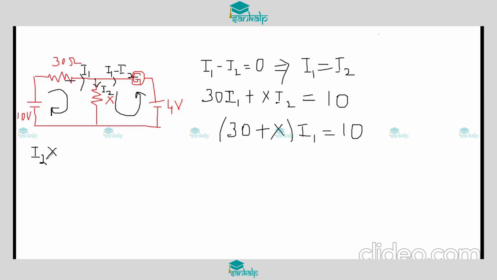I2 X is equal to 4. Again, it is moving from negative to positive. So instead of I2, I'll take it as I1 X. I1 X is equal to 4.